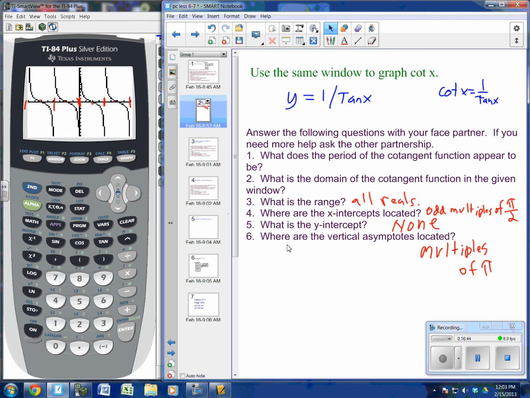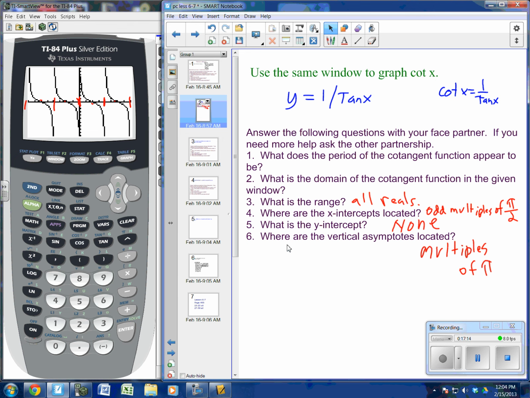Okay. The domain would be all real numbers except for multiples of pi.